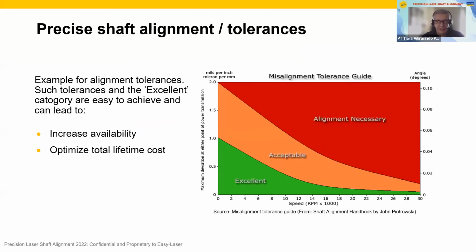Now, precision shaft alignment and tolerances. The question may come, what does precision alignment actually mean? Who defines what is precise and what is not? How good does the machine alignment need to be? Precision shaft alignment refers to an excellent range of given tolerances. While there are a number of factors to consider, the key issue in the relationship between misalignment and damage done to the machine is the machine speed.